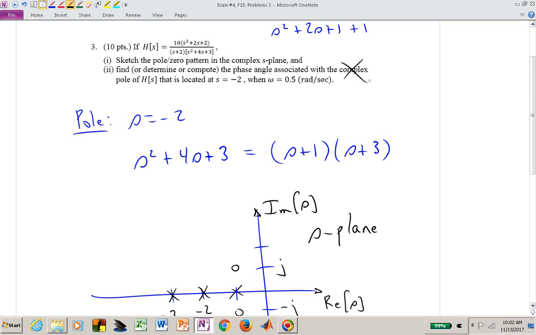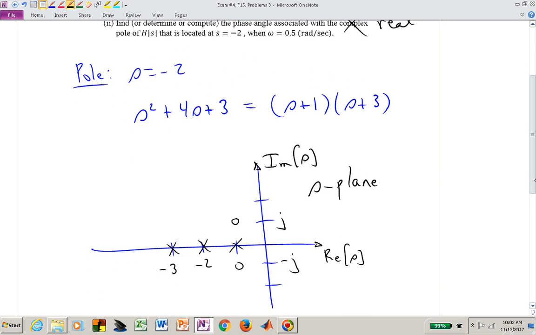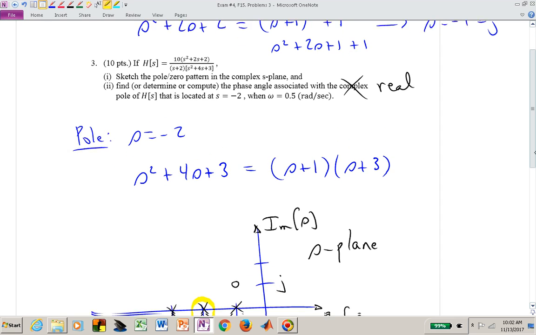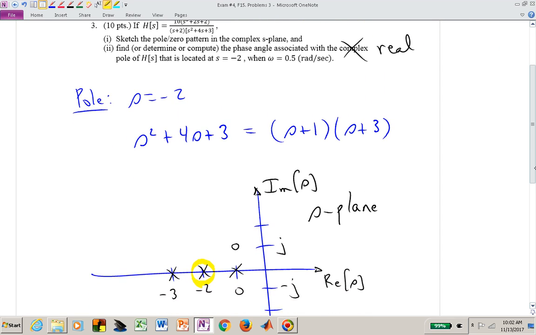We should say the phase angle associated with the real pole at s equal to minus 2. Now we want to know what's the angle that that pole at minus 2 produces when we're at omega equal to 0.5.